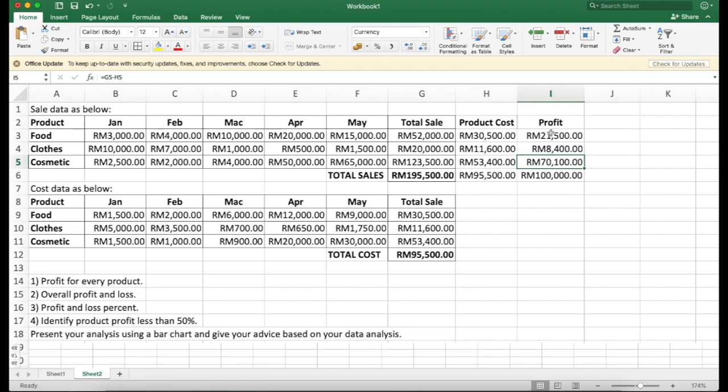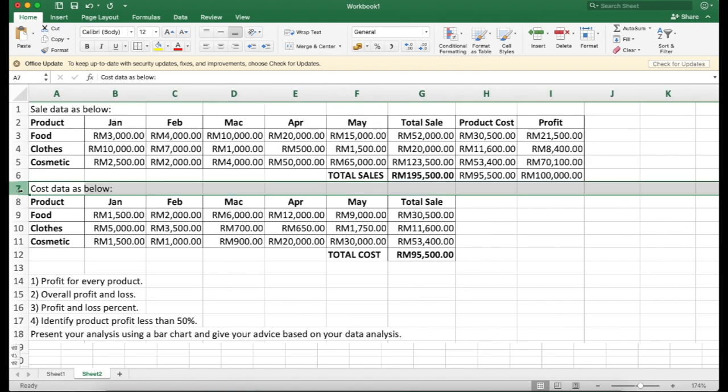Cosmetic 70,100, and total profit is 100,000. Okay, alright. So what else we need to know? Profit for every product, yes, already get. Overall profit and loss, overall profit and loss. Yes, we get overall profit and loss.